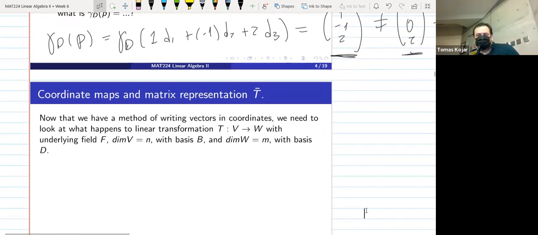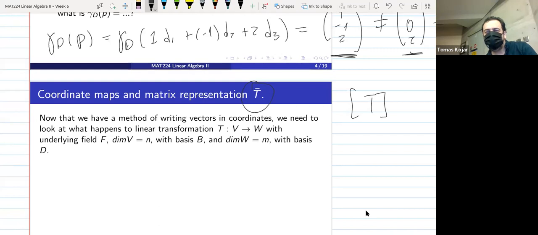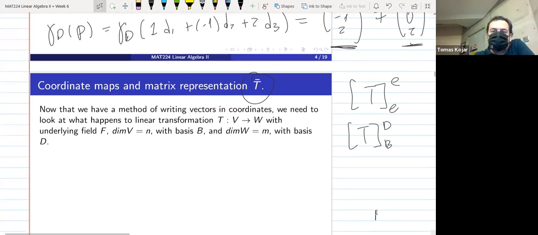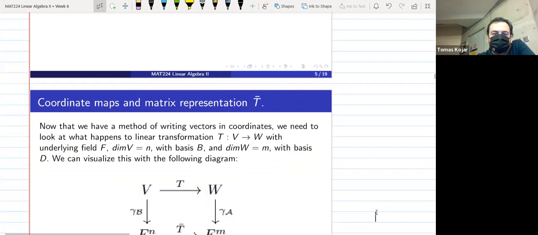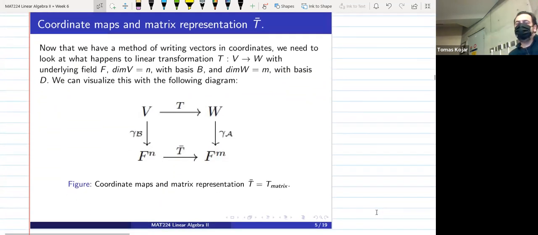All right. So we've talked about changing representation for vectors. Now we want to figure out linear maps. The one you've learned so far is T in the standard basis. Now we can explore all the other ones, so here we can explore T of B, D. The goal of this week is to understand this diagram.